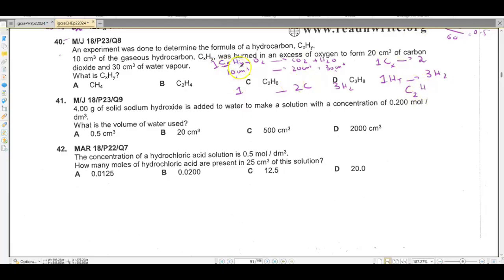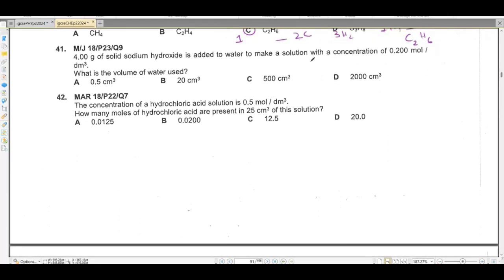And H over here has to be 3 twos are 6. So the formula for CxHy is C2H6. Basically this is our option C. So this is how we find it with the help of ratios. Question number 41.